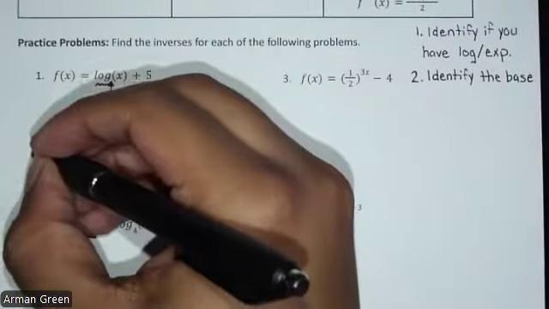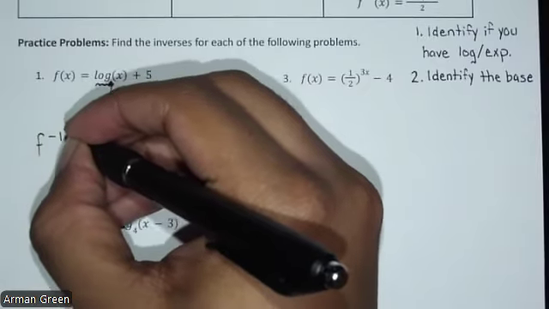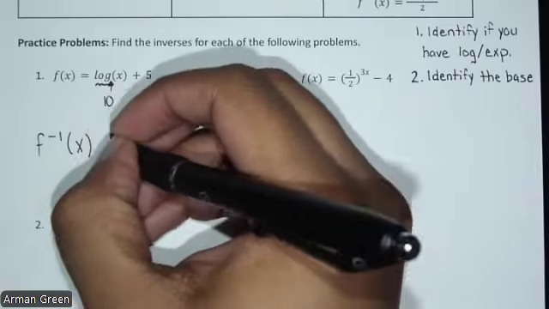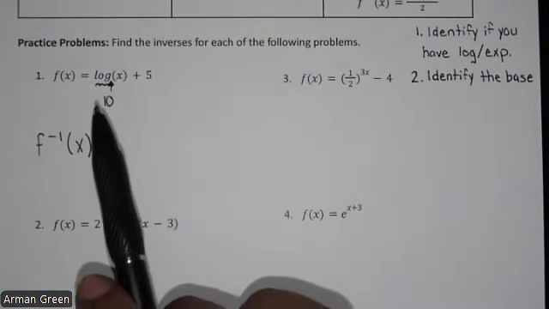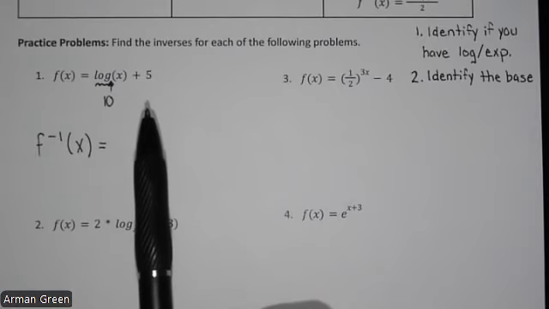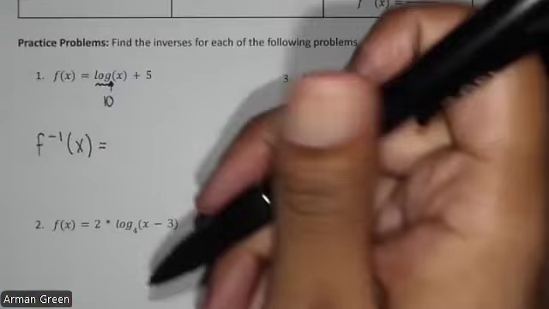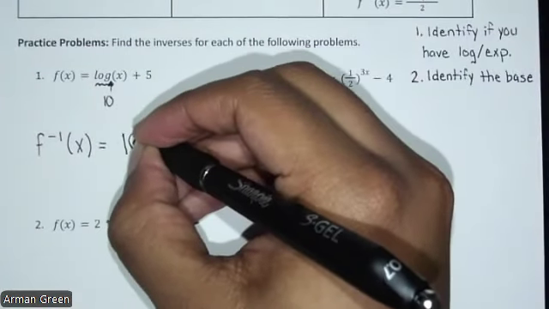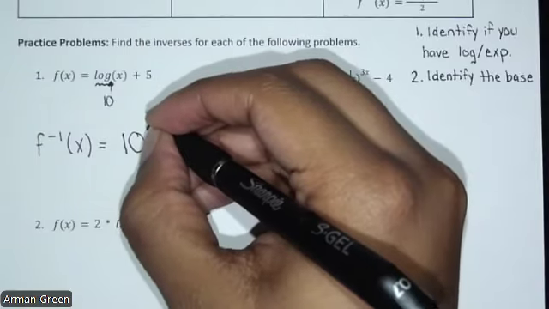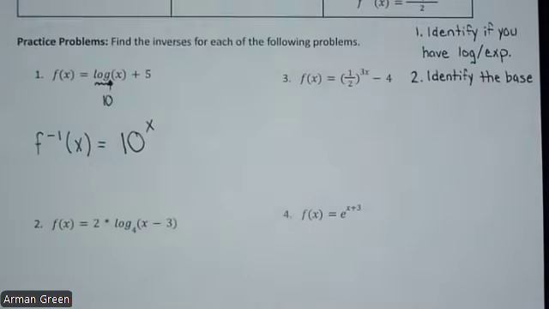This is going to be helpful for us because now we start writing our inverse. Since we are writing an exponential function for this, our inverse is going to start with 10 to the power of x, because that's what we have here.